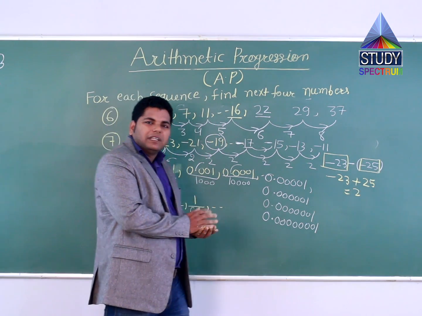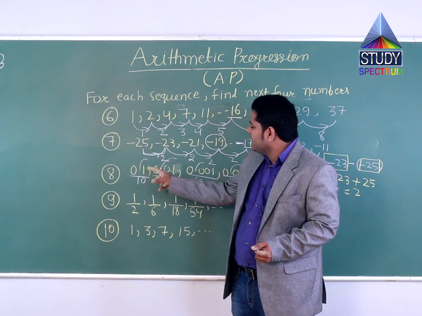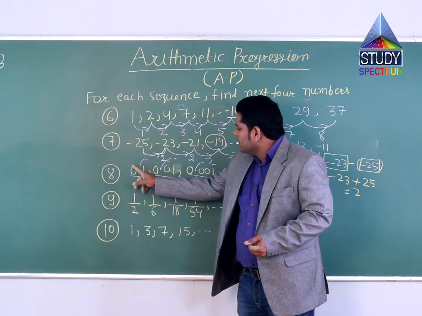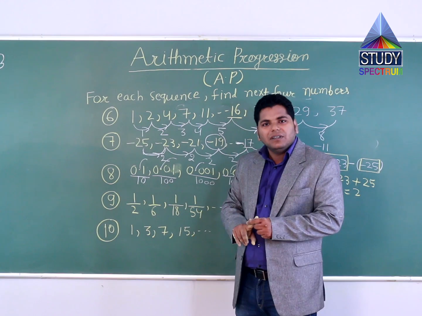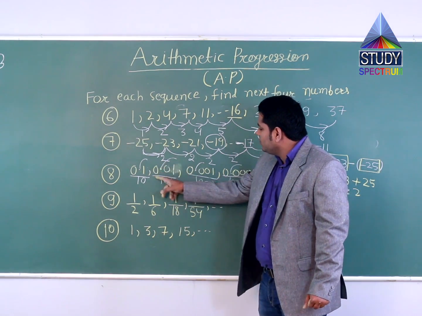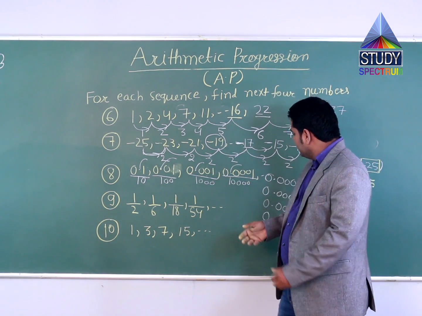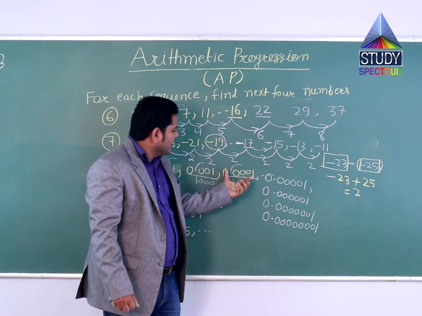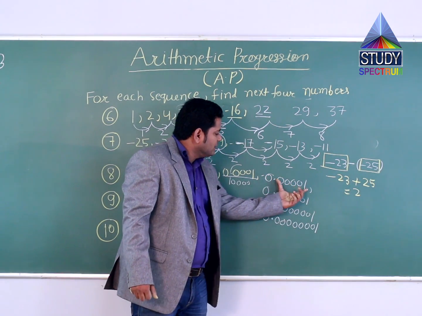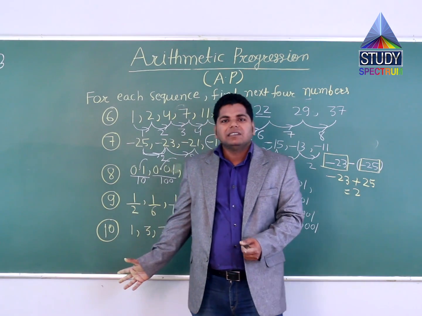In another way, you can say that each term can be obtained by dividing the previous term by 10. The second term is obtained by dividing the first term by 10, the next term by dividing this by 10, and so on. Okay. So you can deal with this question in many ways.